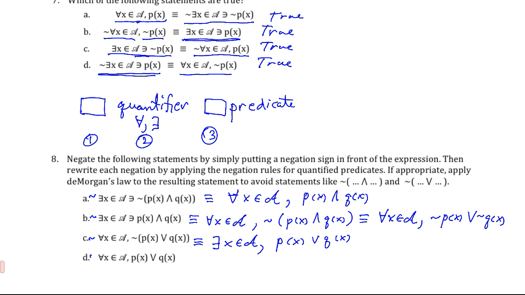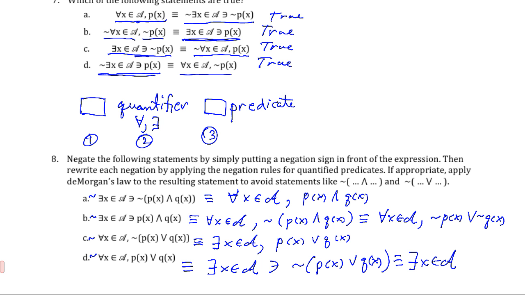Finally, for part D, if I negate it out here, then it's equivalent to there exists an x in A such that not P of x or Q of x. And I can simplify that by saying there exists an x in A such that not P of x and not Q of x. And I'll try to make my and a little bit nicer there.